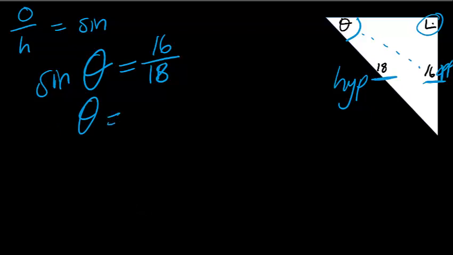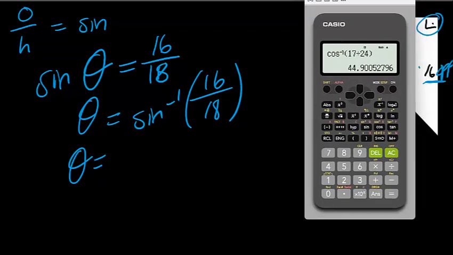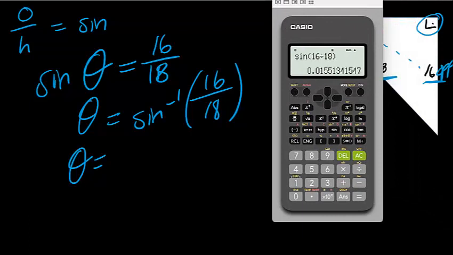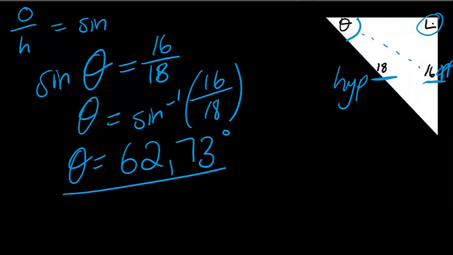Theta is going to be sine minus 1 of 16 over 18. So theta will be equal to, let's check the calculator, shift sine 16 over 18, which gives us 62.73. 62.73 degrees.